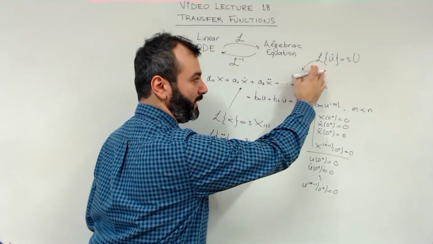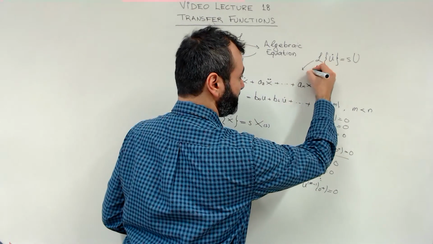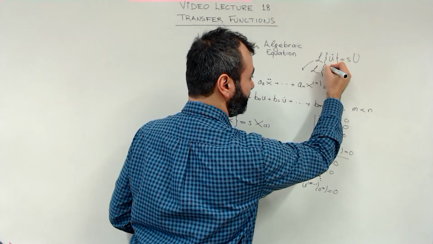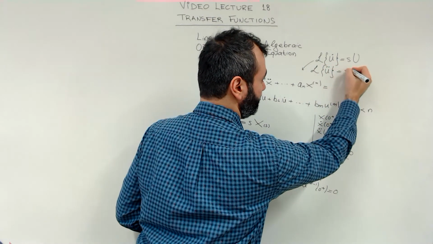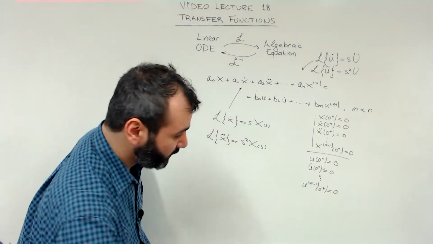So the Laplace transform of u dot is s times U uppercase. The Laplace transform of the second derivative is s squared U, s cubed U, and so on and so forth.